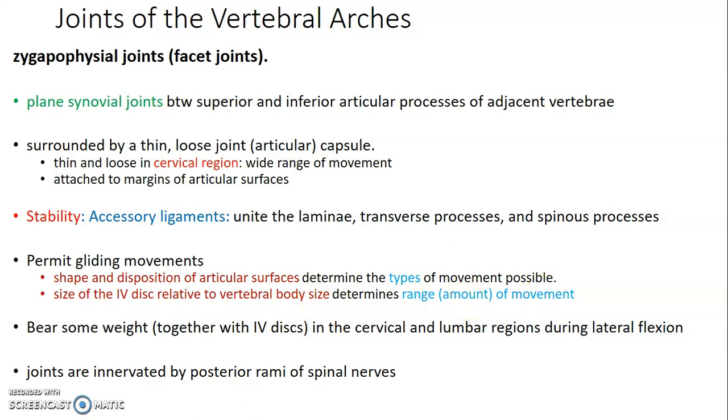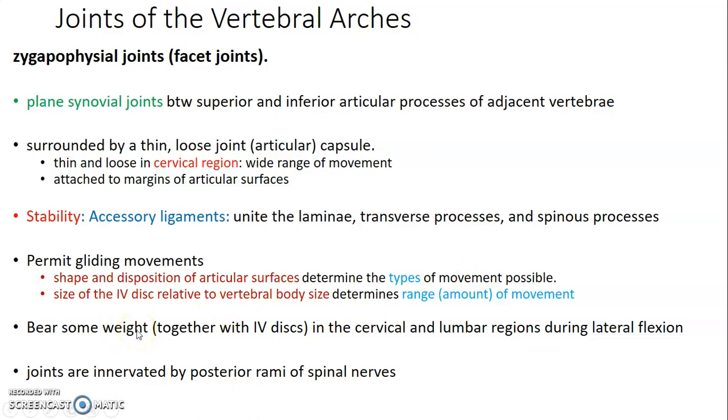In lumbar and cervical region, the articular surfaces are nearly horizontally oriented, therefore they allow flexion and extension and limit rotation, while in thoracic region they are vertically oriented and allow only rotatory movement with limited flexion and extension.